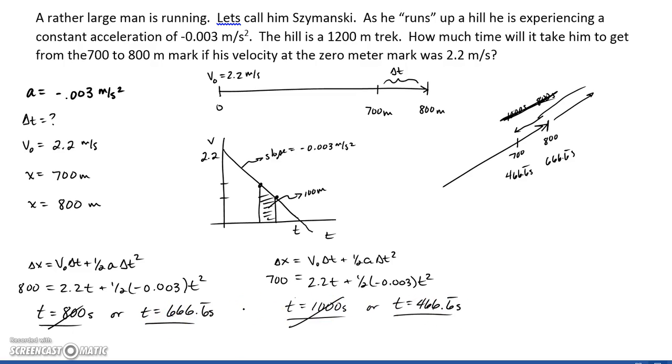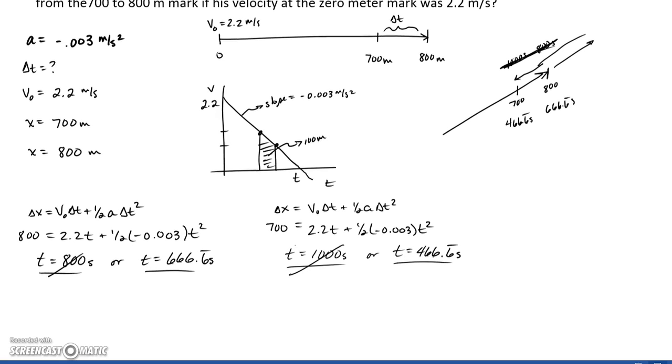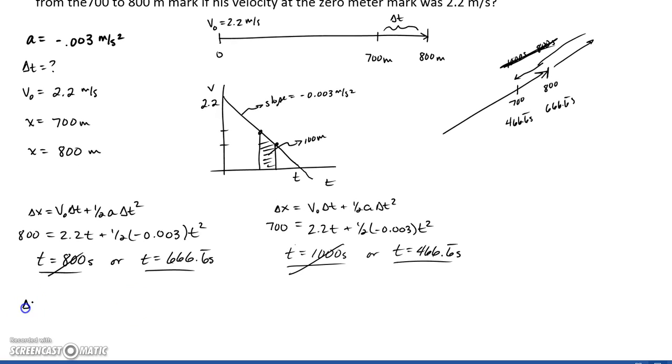So now that we have that time, we want to know how much time it will take to get between these two points. So we have the time at each of those locations, so now we just need to do some basic subtraction. So our change in time is equal to your second time minus your first time.